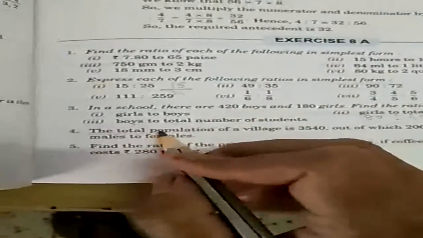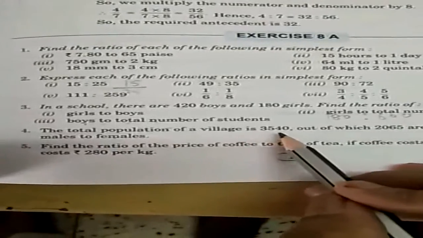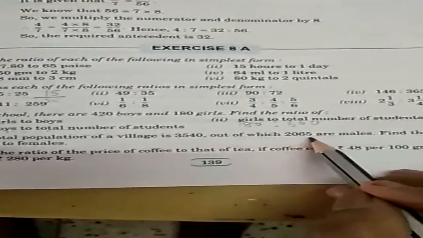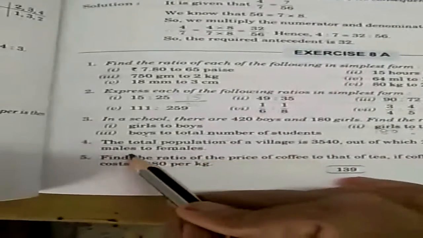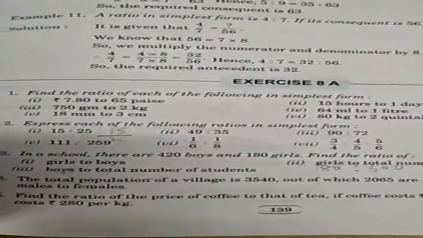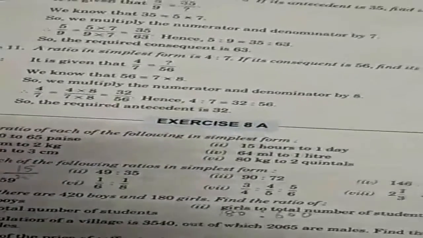Okay. Now question number 4. The total population of a village is 3540, out of which 2065 are males, and find the ratio of males to females. Okay, now it's very easy. See, now total population, how much is it given?